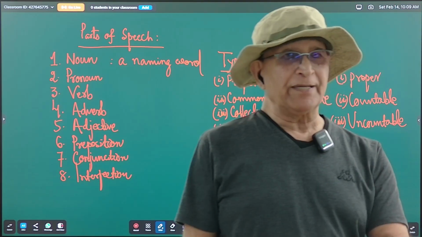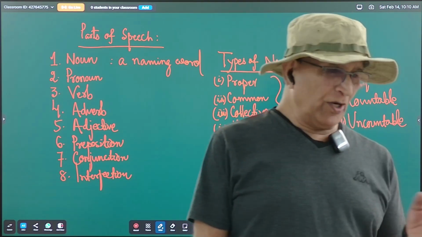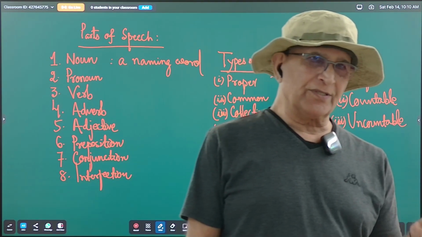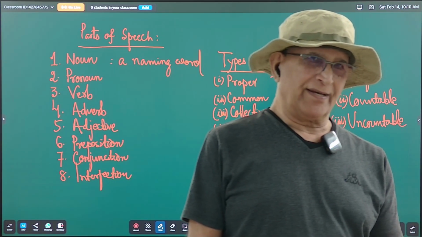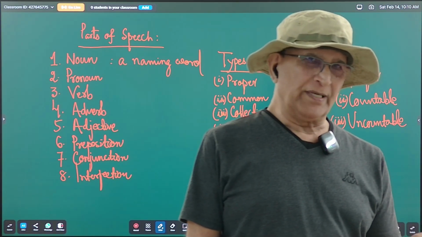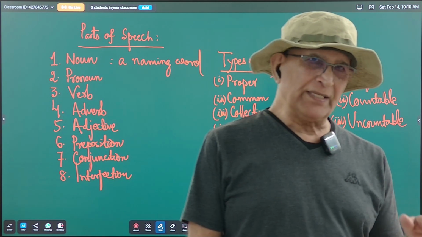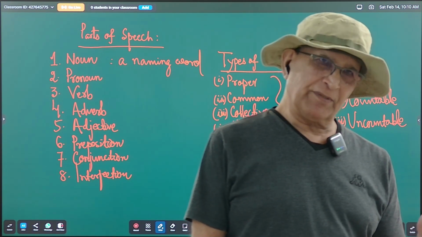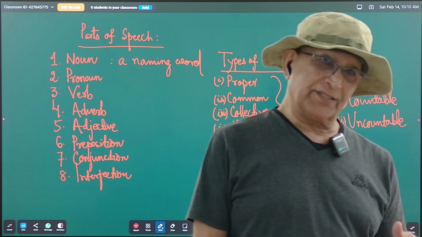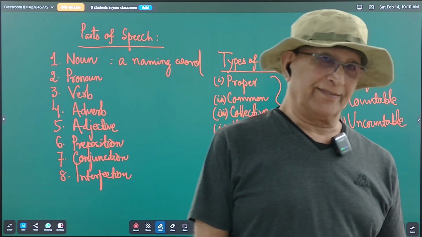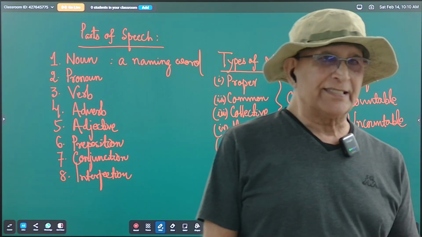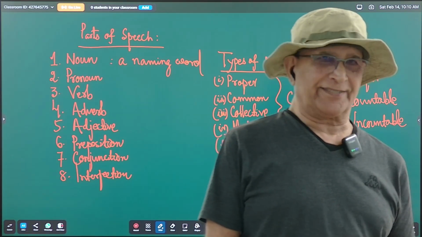Singular and plural. Boy, boys. Girl, girls. Man, men. Woman, women. Bench, benches. Table, tables. Chair, chairs. Desk, desks. Like this. Marker, markers. They take s or es.